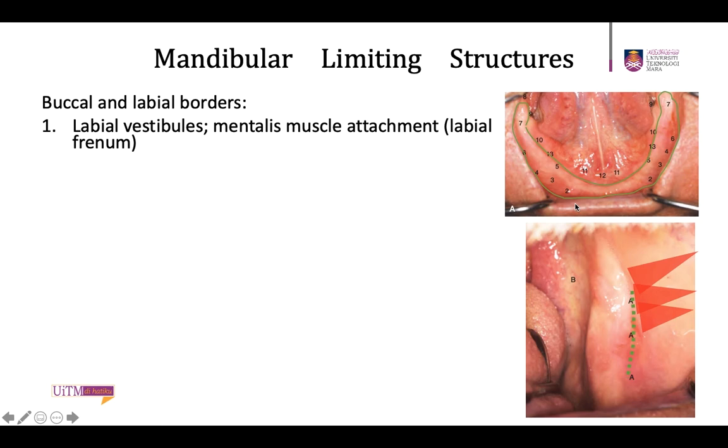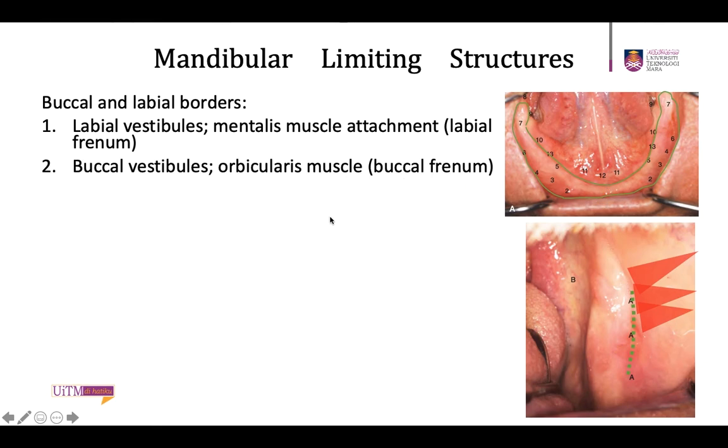This is the reason why it is a movable structure as the muscle relaxes and contracts. So it is where you should not extend your mandibular denture flange. Next is the buccal vestibule, where you have your buccal frenum.